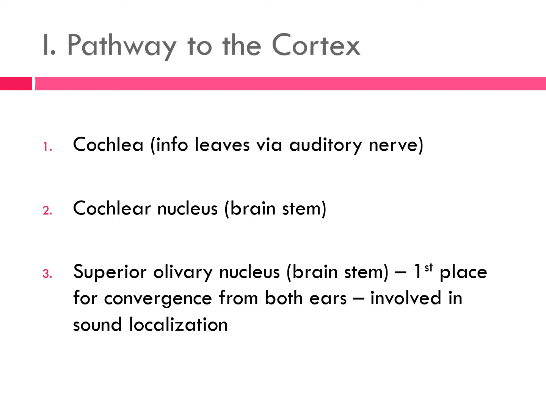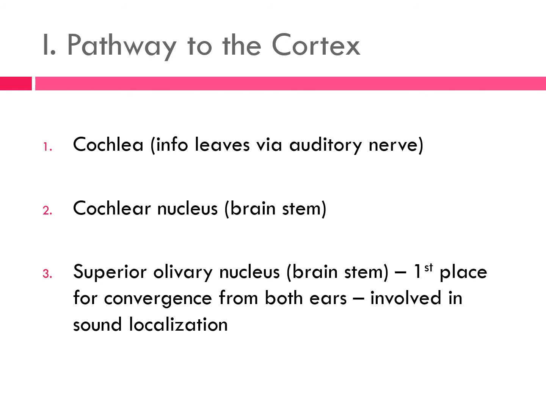From the cochlea, we have information leaving via the auditory nerve, with the inner hair cells communicating to the auditory nerve. It takes that information to the cochlear nucleus in the brainstem, and then that information goes to the superior olivary nucleus in the brainstem. Remember, that's where we had the contralateral and ipsilateral communication.